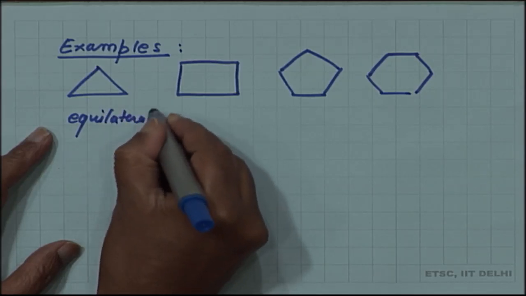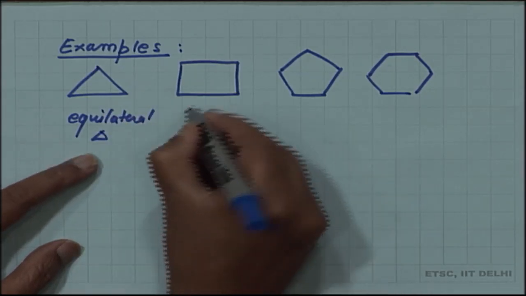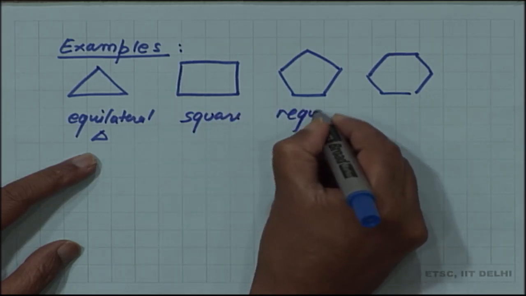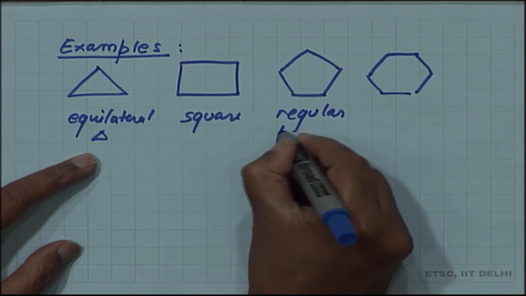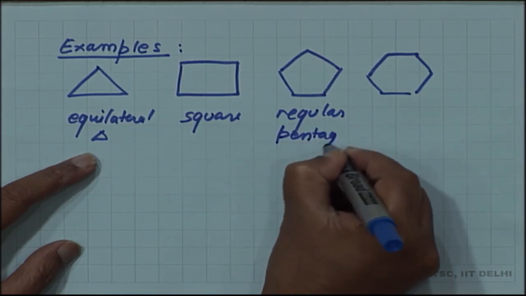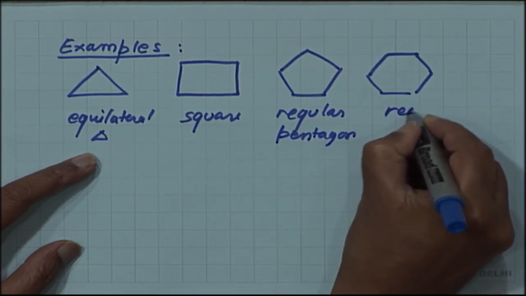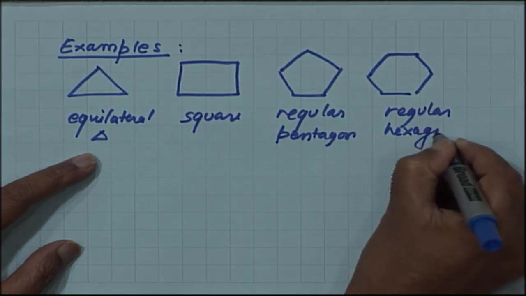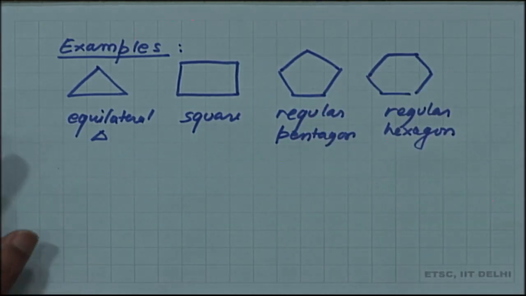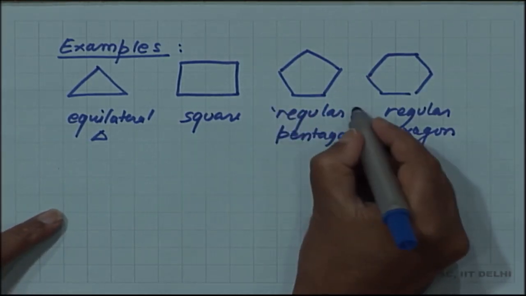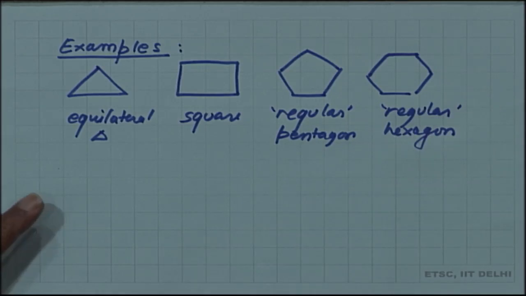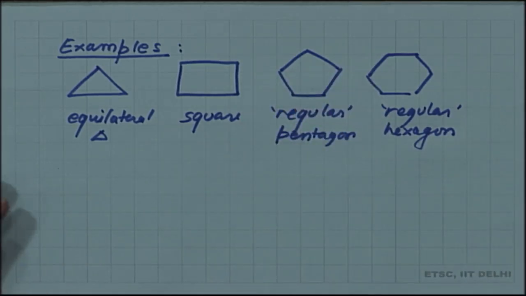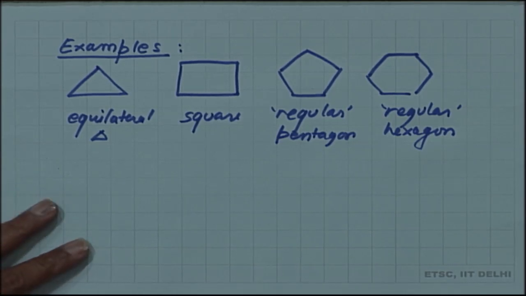Of course, you can have irregular varieties of these also. So, the adjective regular is required to classify that we want to have equilateral as well as equiangular.